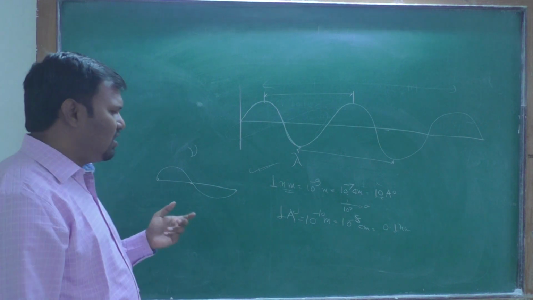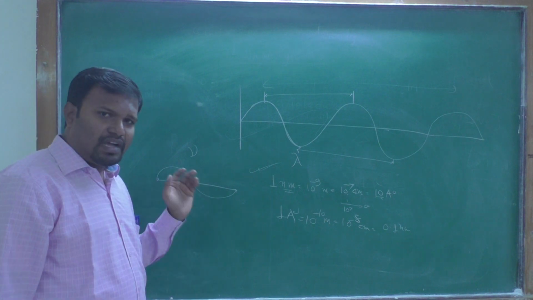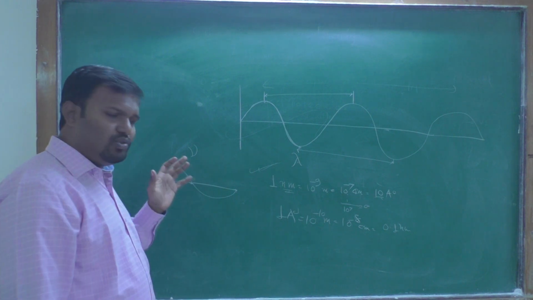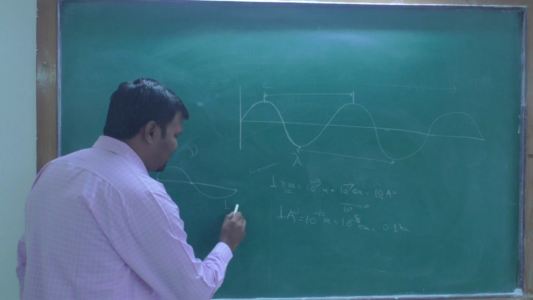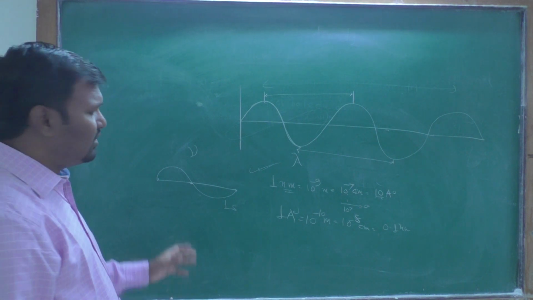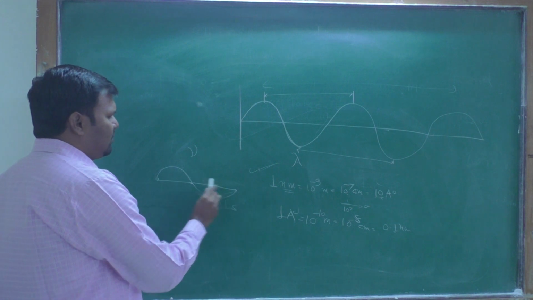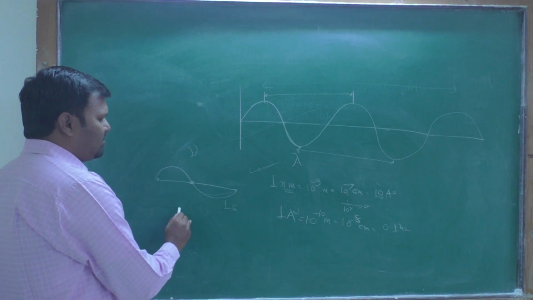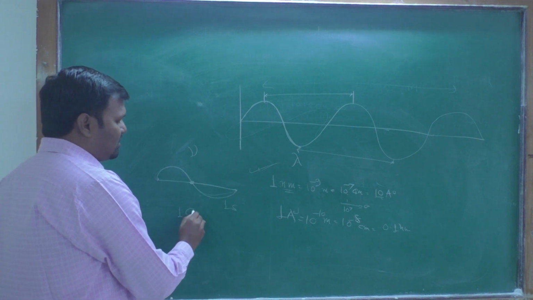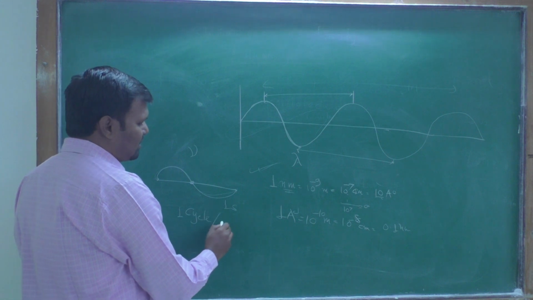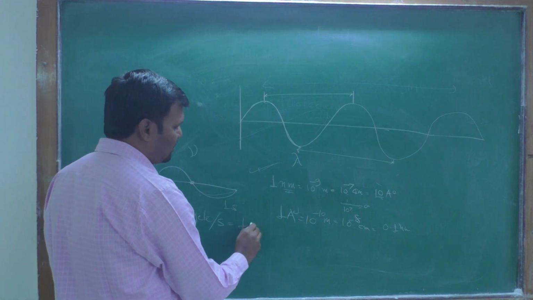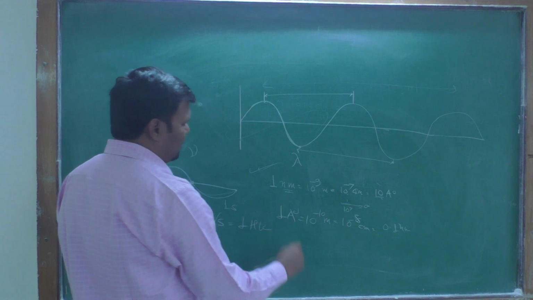The number of waves passing a point in 1 second is the frequency. If one complete wave passes in 1 second, it means 1 cycle per second, which means 1 hertz.